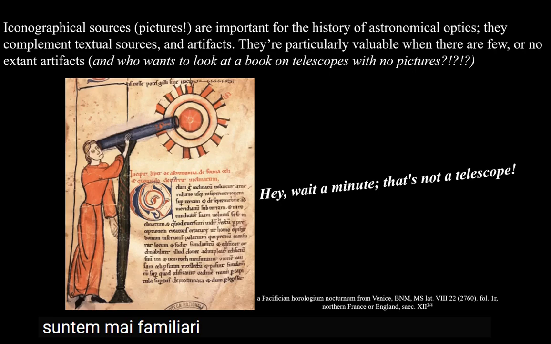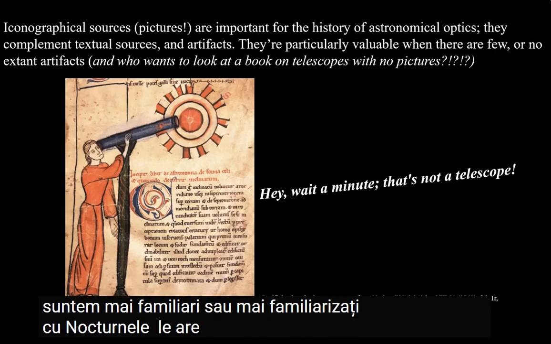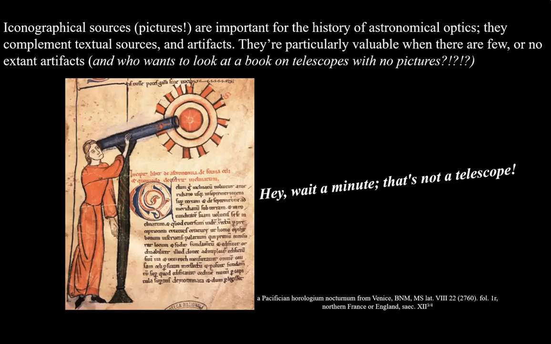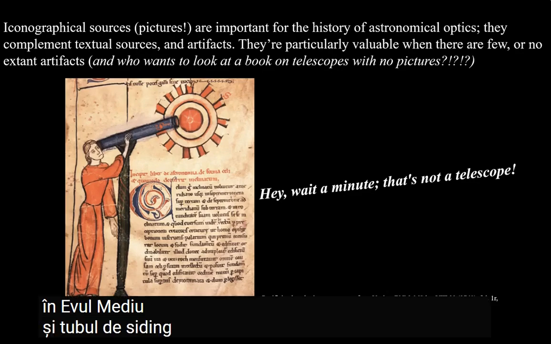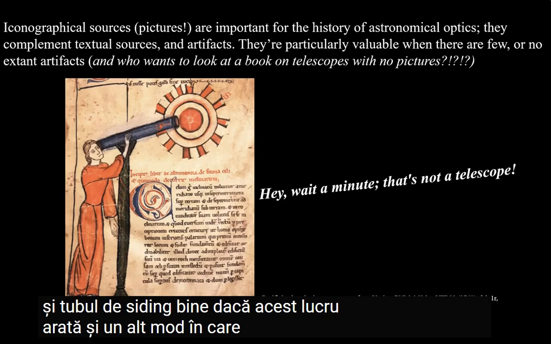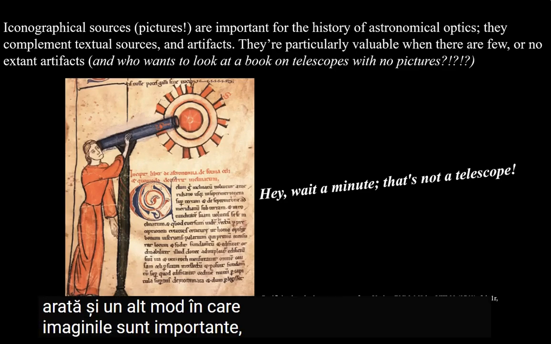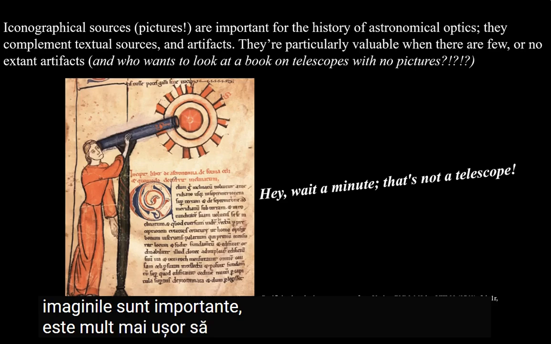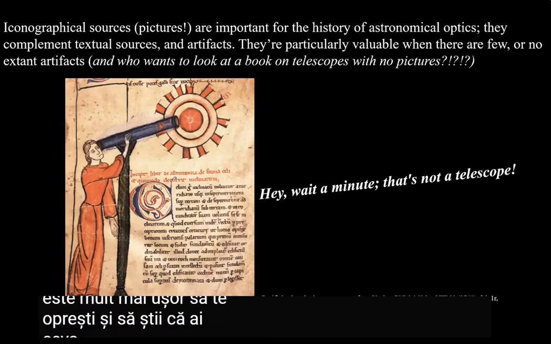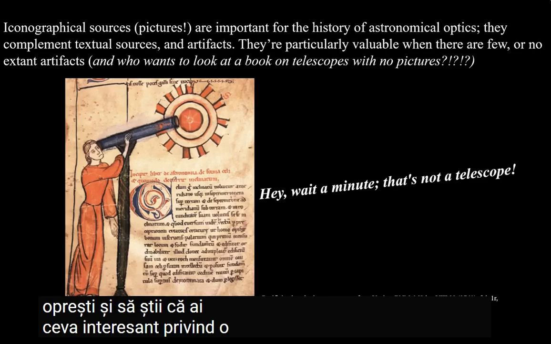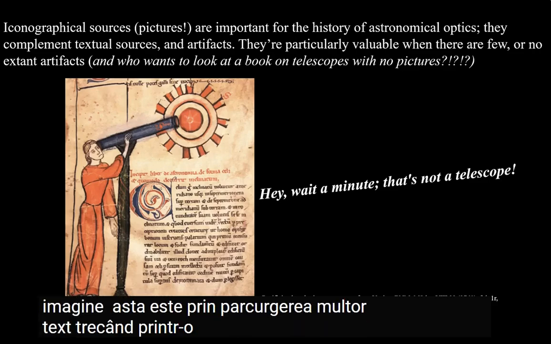And we're more familiar with nocturnals from the 16th century to the 18th century. But they did have them in the Middle Ages. And the sighting tube also shows another way that images are important. It's a lot easier to stop and note that you've got something interesting by looking at an image than going through a lot of text.